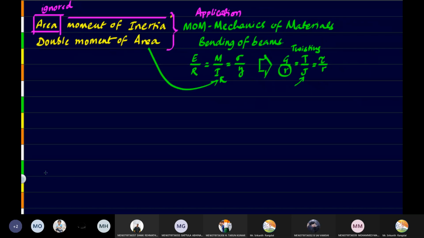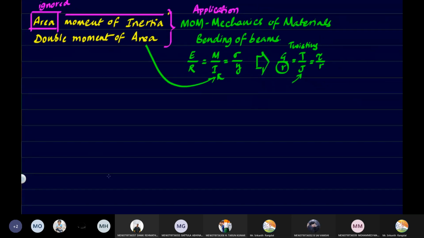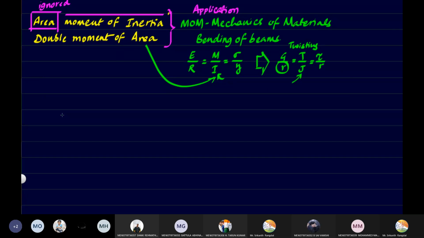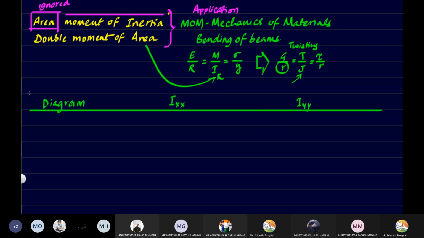Now let us see different standard objects and what the moments of inertia are for those. First let us put the diagram. Then we'll take IXX and then we will take IYY. Okay. Ready? So what's the first standard diagram?